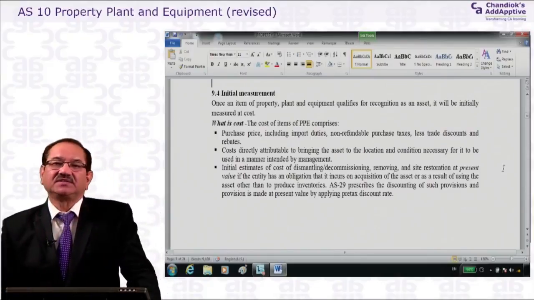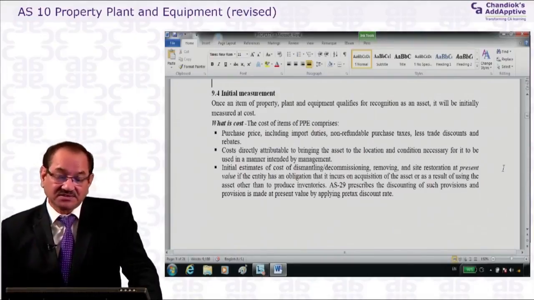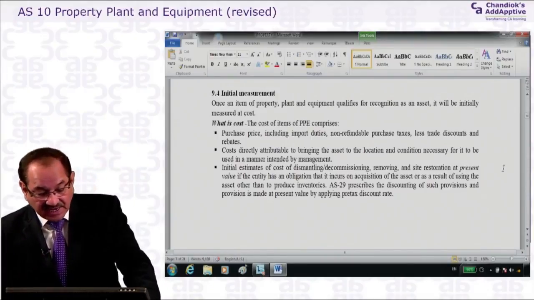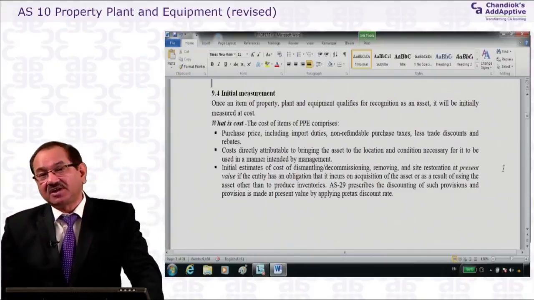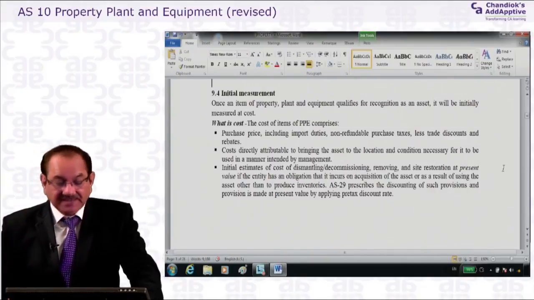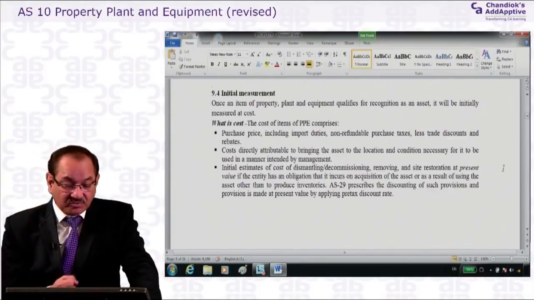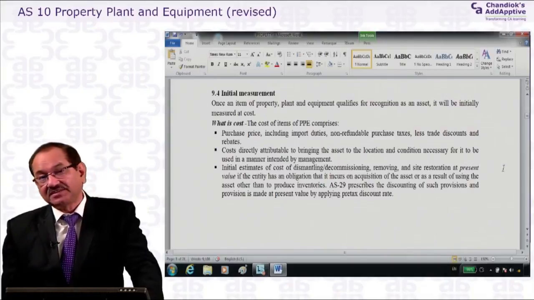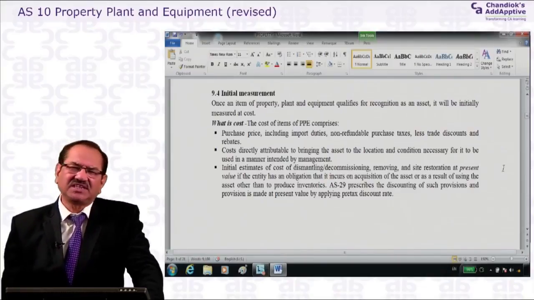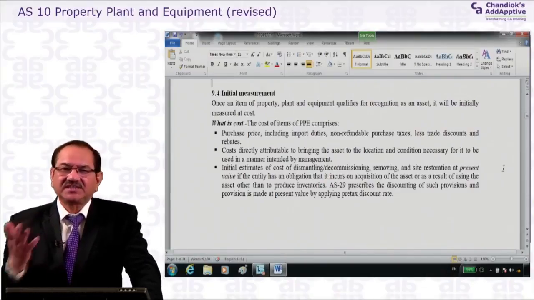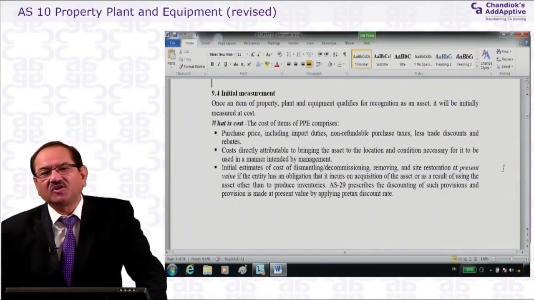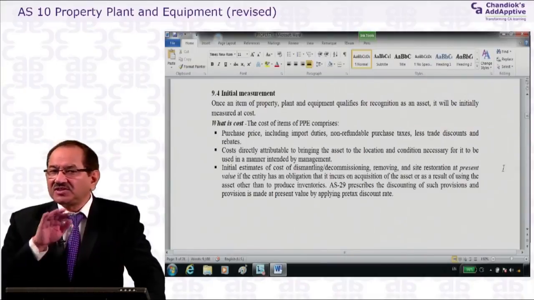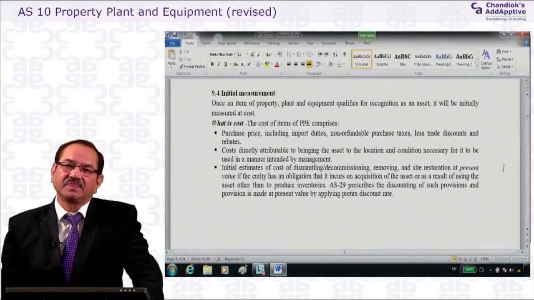There is no such mention of this cost in the earlier standards. To calculate the present value, you have to apply a certain discount rate. And what will that discount rate be? They have told you the discount rate will be pre-tax, not after tax. And generally it is an interest factor. So if the interest rate prevailing in the economy now is, suppose, 10%, the discounting factor will be 10%.